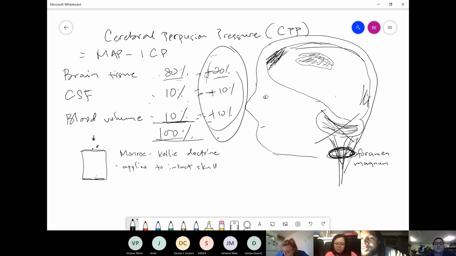Now the opening is smaller than the brain stem. So when you squeeze something big through a smaller opening, imagine what that will look like. It will get stuck and make it even worse. If you have a small opening and a big tissue coming out, it will look like this.